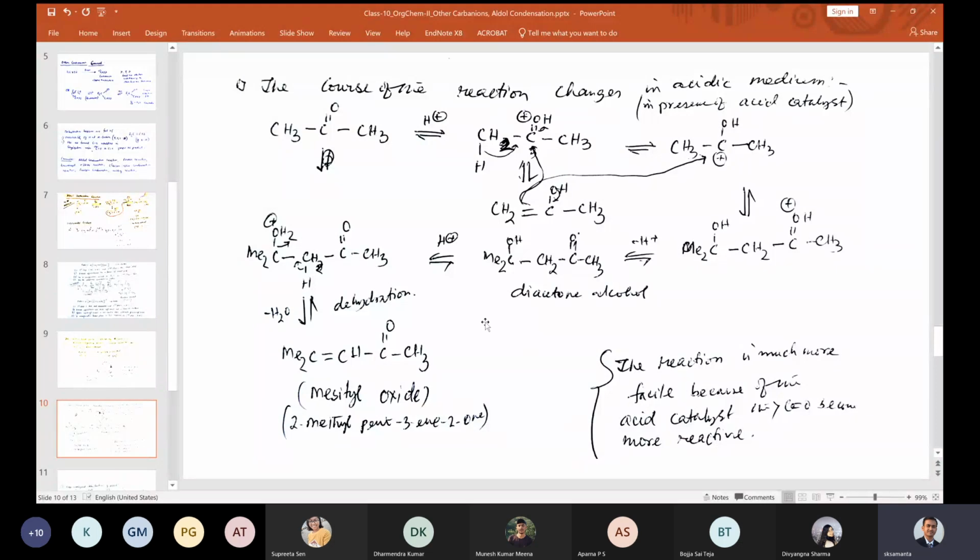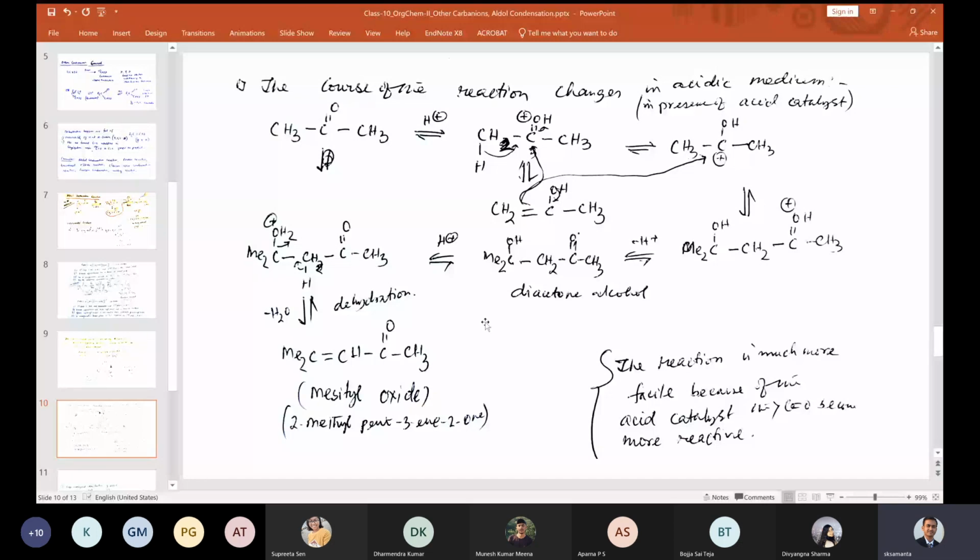So in many cases, you get the dehydrated product in acid catalyzed. But if it is base catalyzed, generally the reaction will lead to some other pathway. That is why in most cases base promoted dehydrations are not obtained.